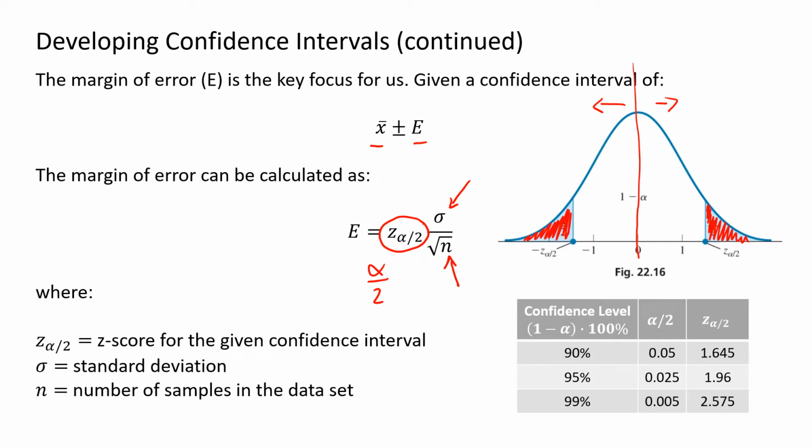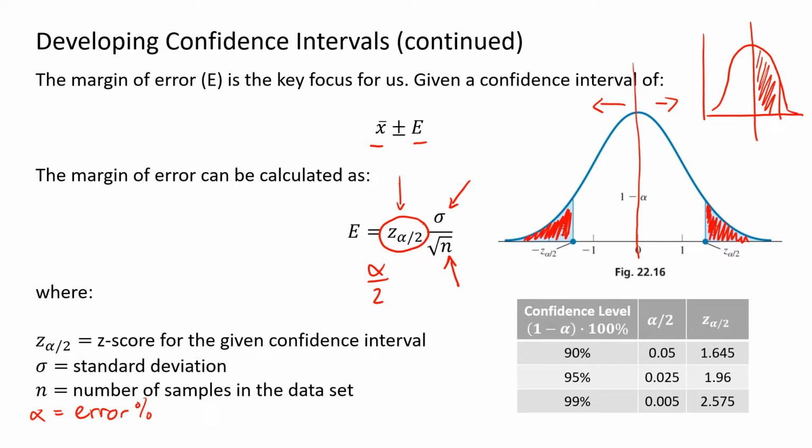And you remember when I calculated a z-score, what it was calculating was a z-score for only half of the distribution. So that's why this is z at alpha divided by 2, where alpha is actually the overall error percentage, or how many samples are not going to fall within the confidence interval.